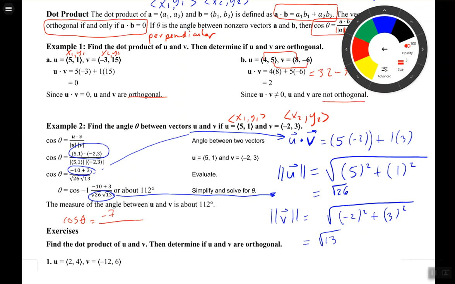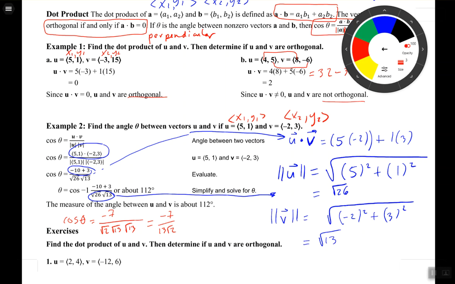All right, now I'm going to make you do a little number sense, just a little bit. Is 26 double 13? So could I write that as square root of 2 times square root of 13 times square root of 13? Just to get some number sense in there. What's square root of 13 times square root of 13? 13. So this is going to be 13 square root of 2, just for practice.